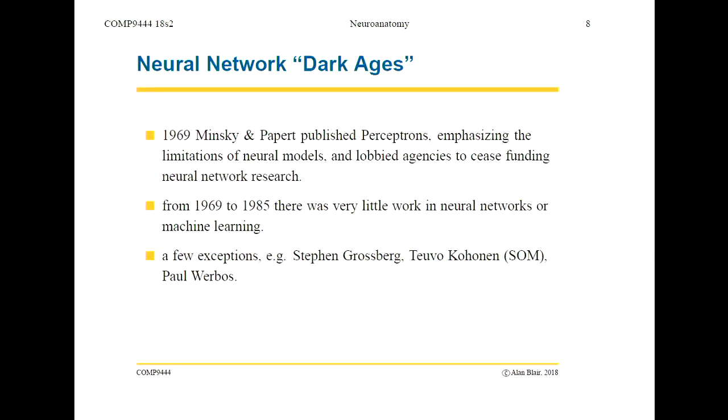Now, I mentioned that there were these two rival paradigms, the neural network approach and the symbolic approach. Now, in 1969, Marvin Minsky and Seymour Papert published a book called Perceptrons in which they highlighted the deficiencies of neural networks as they currently existed.